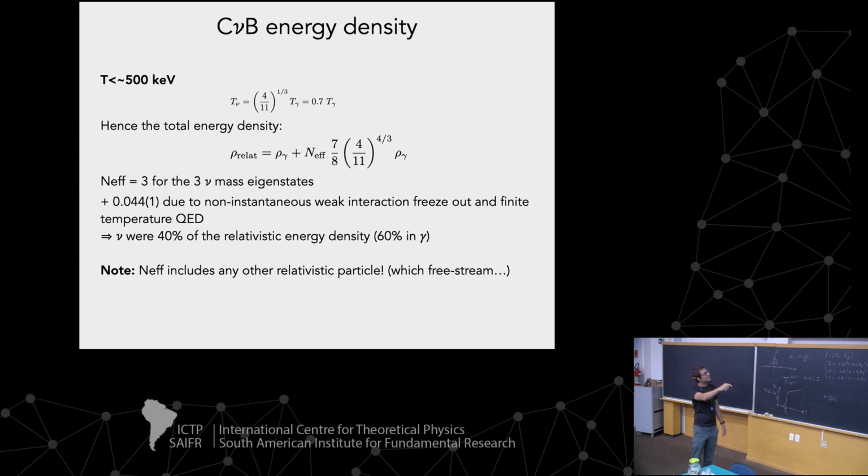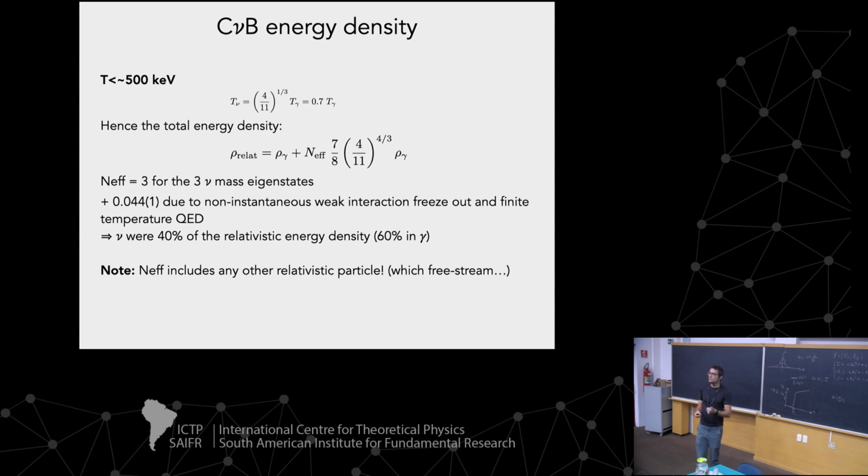There's this change in temperature, and then there's this factor because neutrinos are fermions, whereas photons are bosons. And this N effective parameter tells us about how many basically neutrino species there are. So really it's mass eigenstates, but let's think about them as species. So I've told you about the electron neutrino, the muon neutrino, and the tau neutrino. And so N effective is 3 in the standard model.